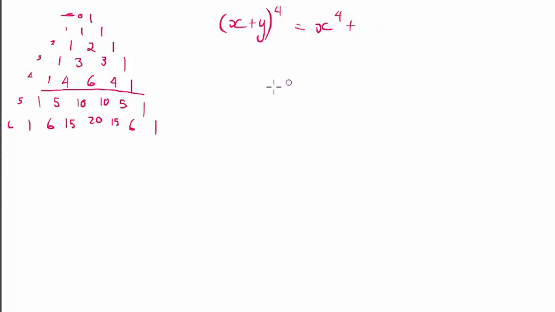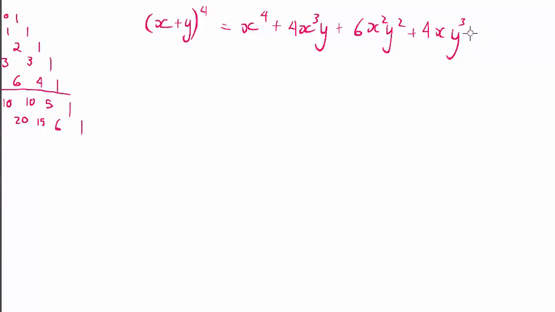So the coefficient is 4, x cubed, y. The next one, the coefficient is 6, x squared, y squared, plus 4, x to the 1, because x is decreasing, 4, 3, 2, 1, and y is now 1 more, 3. And then the last one is plus 1, y to the power of 4. There's no more x's left.